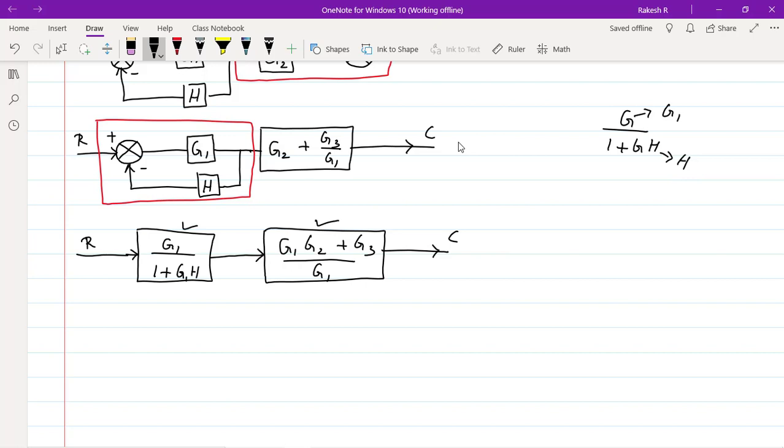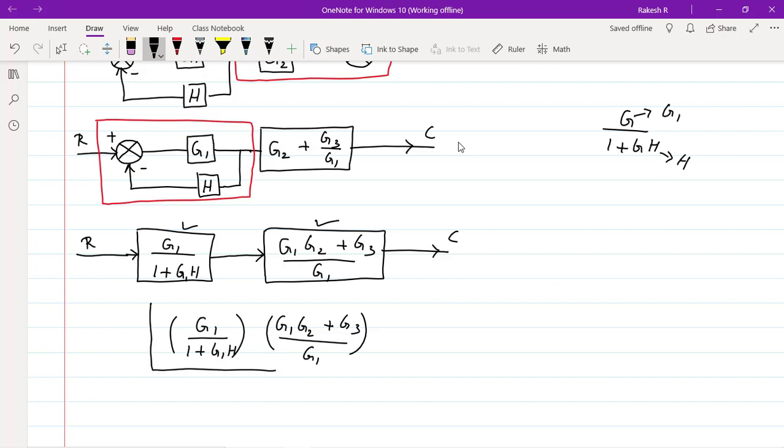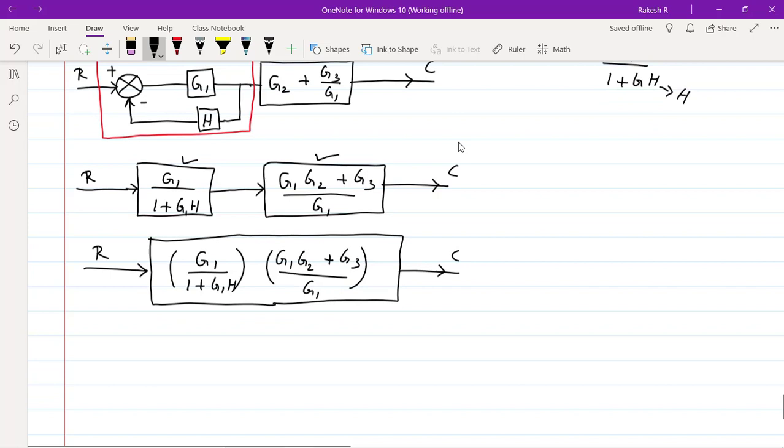Right. When the blocks are in series, what do we need to do? We need to multiply those two. That is G1 divided by 1 plus G1H into G2 plus G3 whole divided by G1 here. And we have the input as R, output here is C. This is nothing but the transfer function.